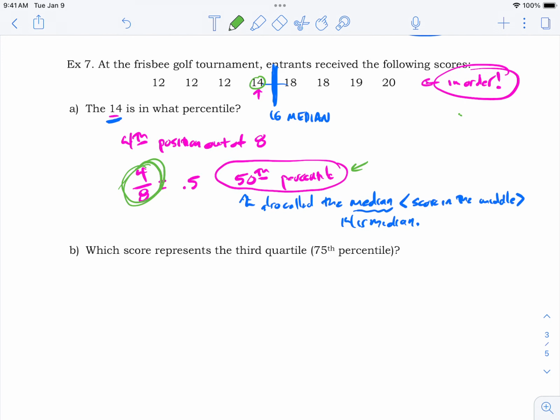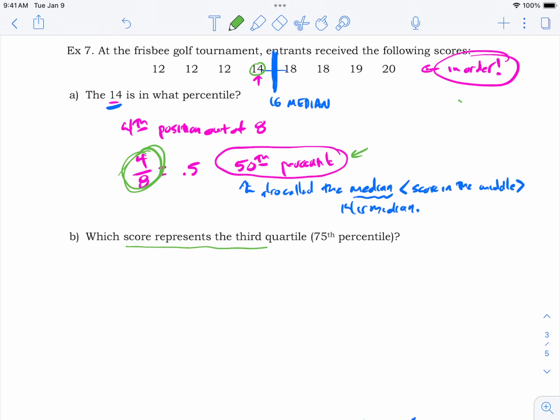Moving on. What score represents the 3rd quartile, which means 75th percentile? First, let's just do this, and then I'll talk about what a quartile is. The 75th percentile would mean we want to find 75% of our way across. How many positions have we got? 1, 2, 3, of 8 positions.